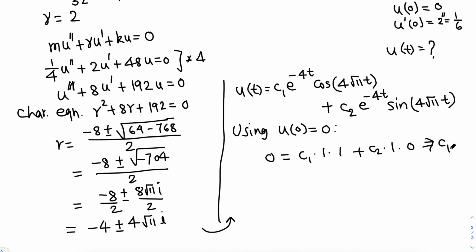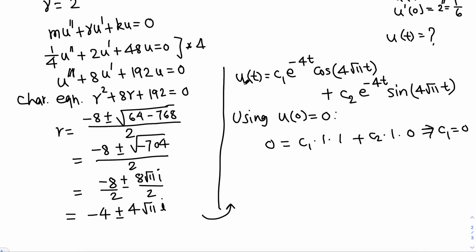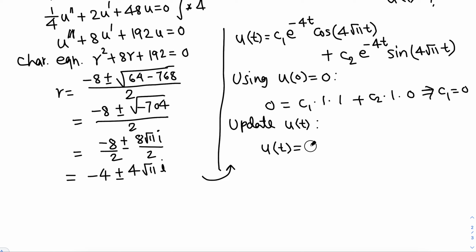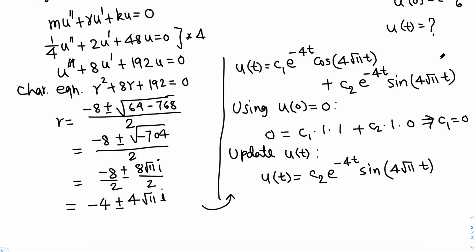That means C1 is 0. Now we can simplify the solution. The displacement at any time t is given by C2 e raised to negative 4t sine 4 root 11 t.